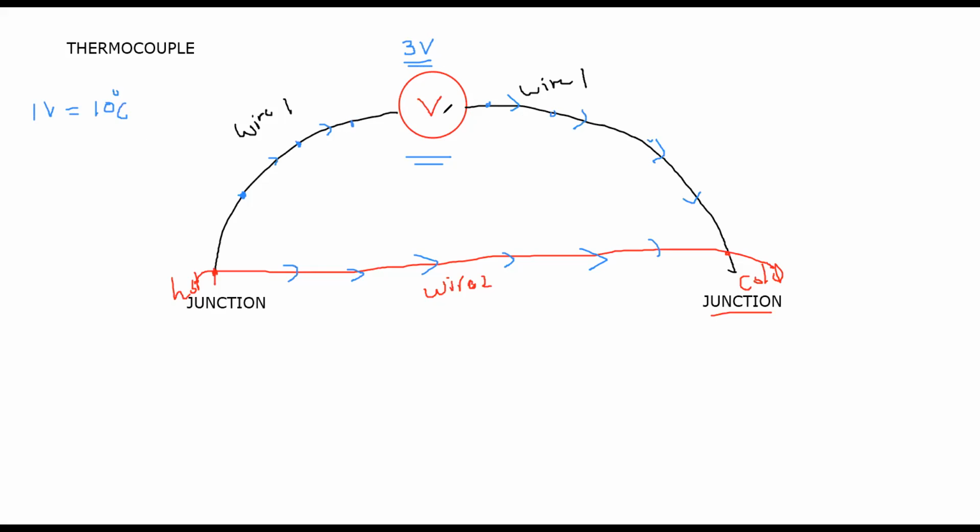When the thermocouple voltmeter shows 1 volt, a 10-degree change in temperature is there, meaning the difference between the hot and cold junction is 10 degrees. If it is 2 volts, the difference between the temperature of the hot and cold junction is 20. If it is 3 volts, the difference is 30.